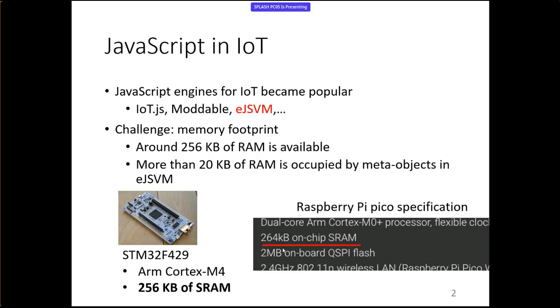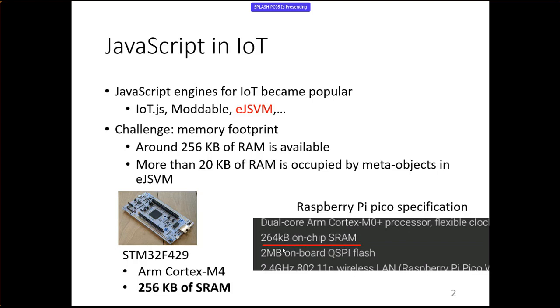But in our measurement, our EJS VM uses more than 20 kilobytes of RAM for meta objects, and this 20 kilobytes of RAM is the lower bound.